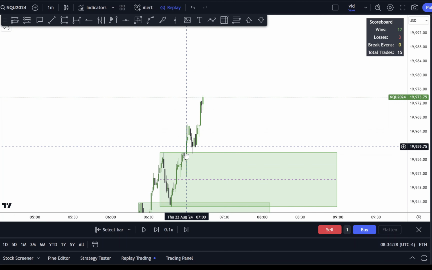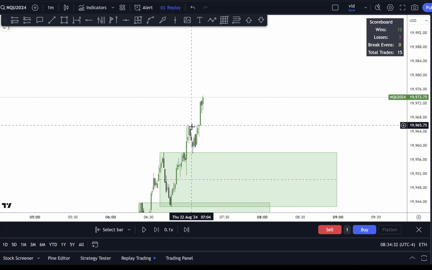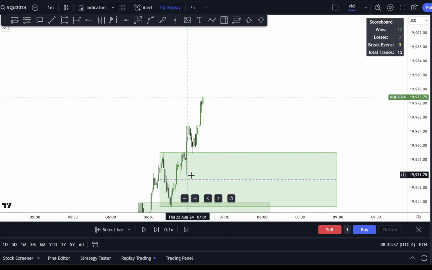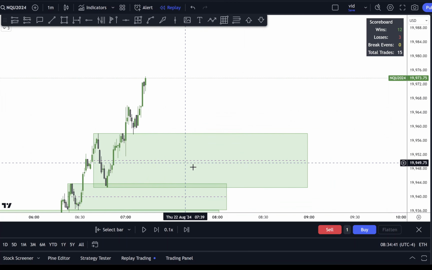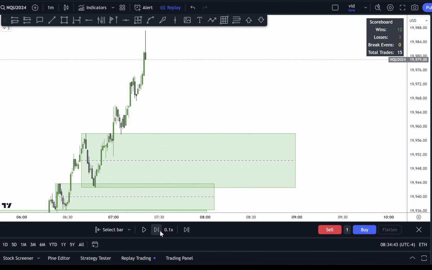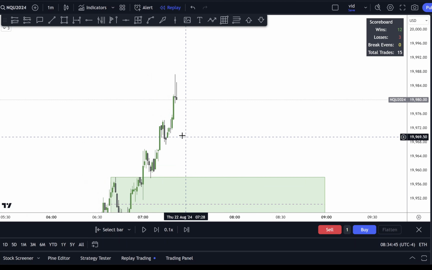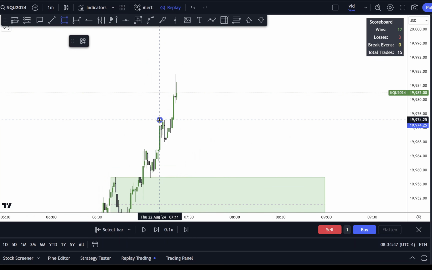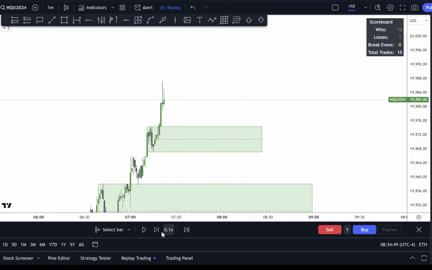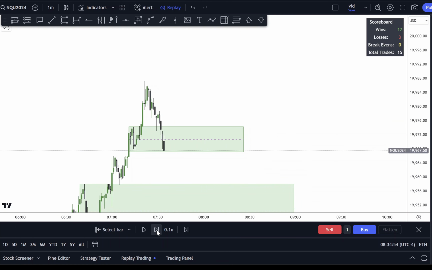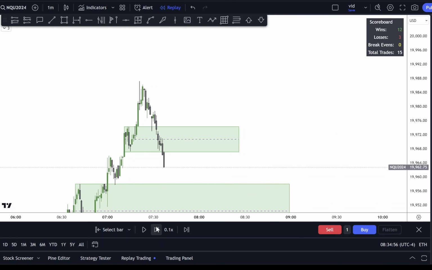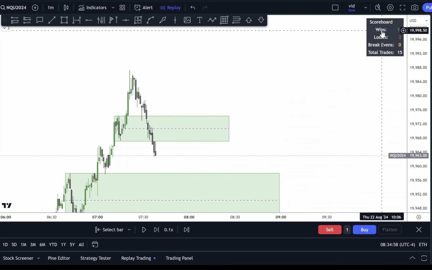We never closed above this up candle, and we never closed under it, so this is not a valid structure. So this is still our valid structure. Now this is a valid pullback, right? If we get the 50%, we're in. Okay, cool. And that's our new loss.